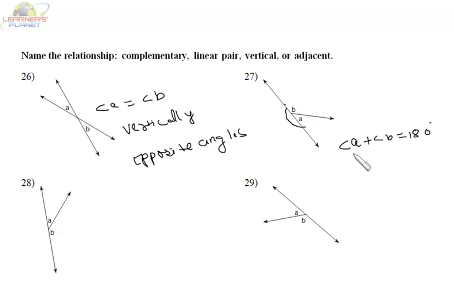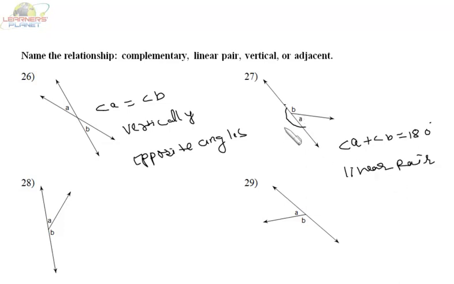So if the sum of angle A and B is 180 degrees, we can call them a linear pair. Now angle A and angle B are also adjacent to each other. Since they are adjacent to each other and their sum is 180 degrees, we call them a linear pair.